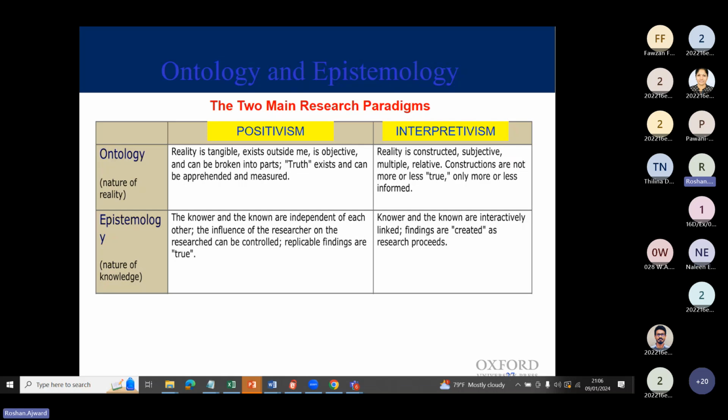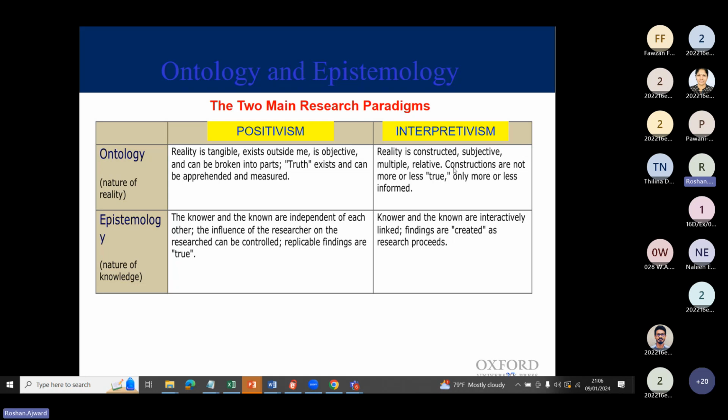It's subjective, and there are multiple realities. Positivistic people think that there's only one objective reality. But interpretivists think, no, we have to interpret the reality. Different people, different societies interpret the reality differently. Some societies think that eating pork is wrong. But in other societies, they would think, no, it's okay. See how different societies interpret the same thing. So that's why we call it interpretivism.